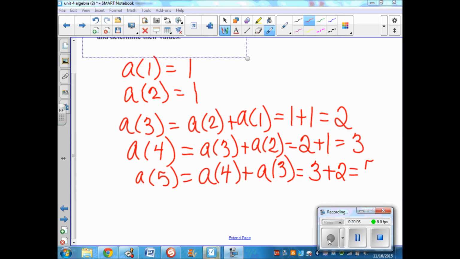So my next term is 5. Okay, so far we obviously can keep going. We have 1, 1, 2, 3, 5. What would the next term in line be? Add the 2 right before it. 3 plus 5 is 8. What would the next one in line be? Add the 2 before it and get 13. Okay? Get the idea? All right.